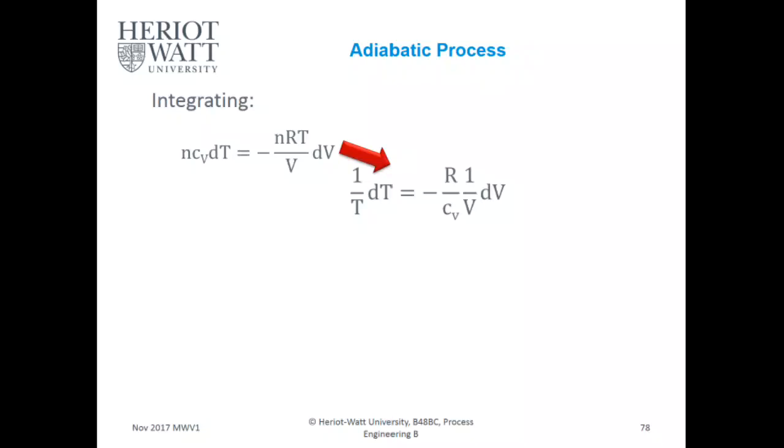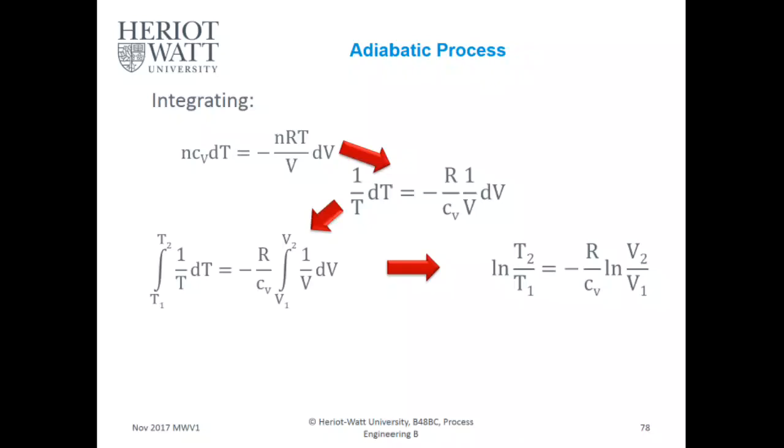So your R and Cv, remember, are constant. You can integrate with respect to temperature on one side, so you get 1 over T dT, and with respect to volume on the other side, 1 over V dV. And I think from there it's quite straightforward. Log of T2 over T1 equals minus R over Cv, log of V2 over V1.